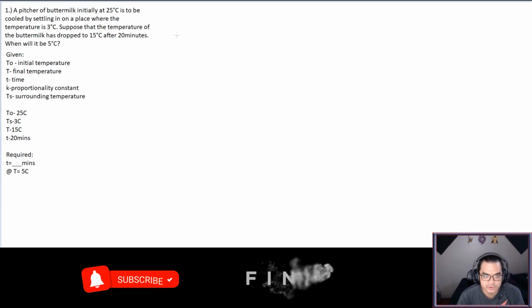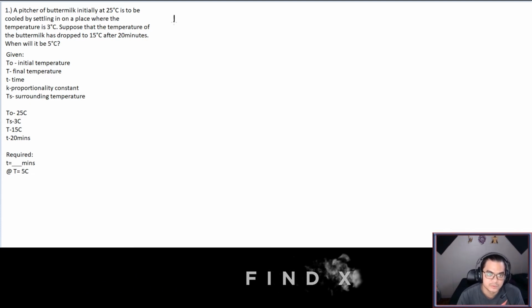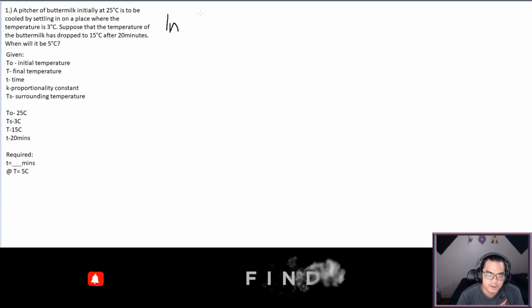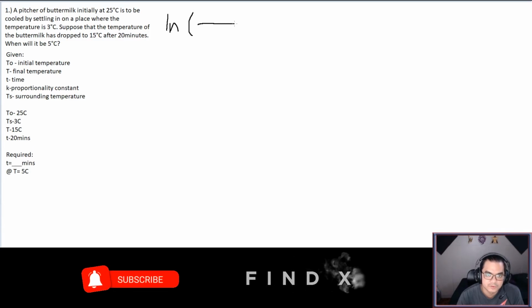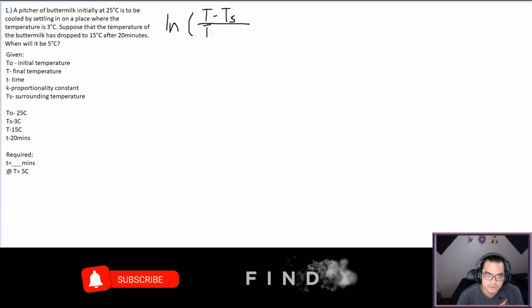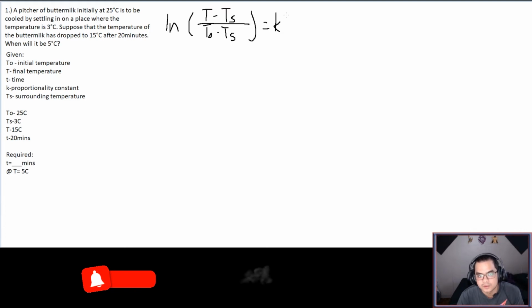So answering this, of course, we'll have the formula. So the formula will be ln of (T minus TS) all over (TO minus TS), and this is equal to KT.